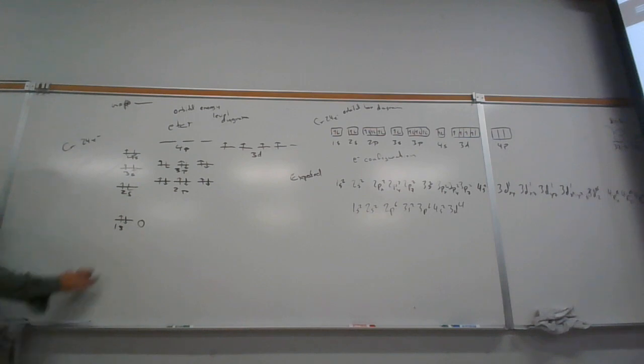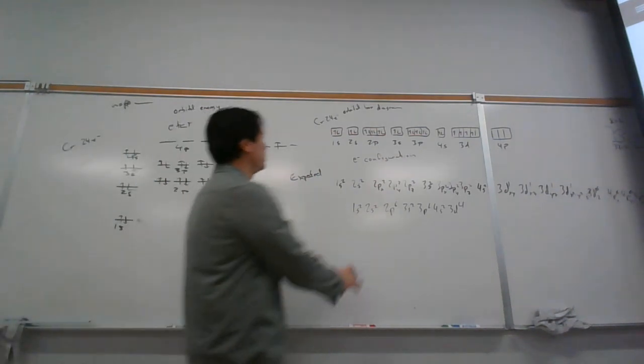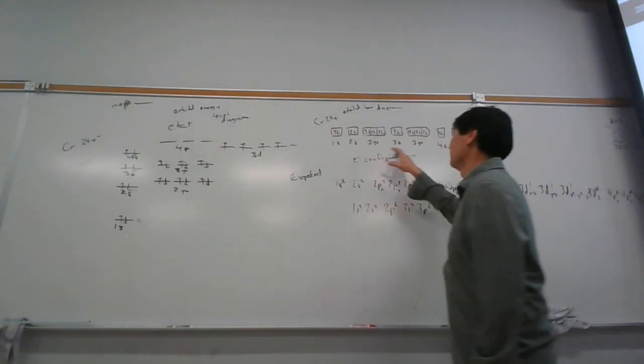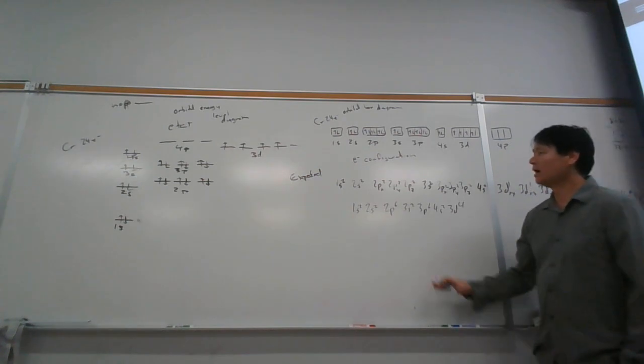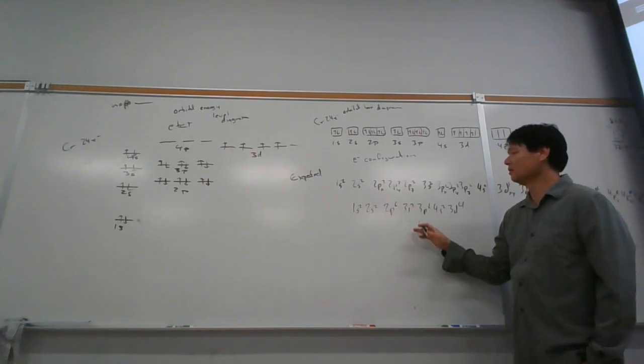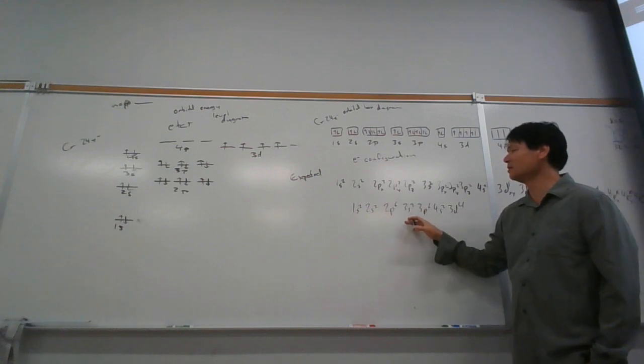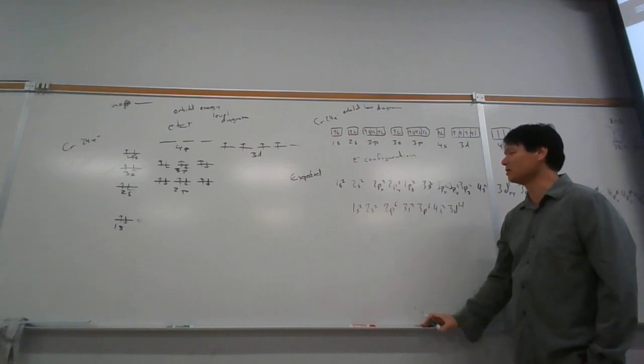Followed by the orbital box. We lose a little bit of information, but we save a little bit of room. Followed by the electron configuration. This is the expanded electron configuration.